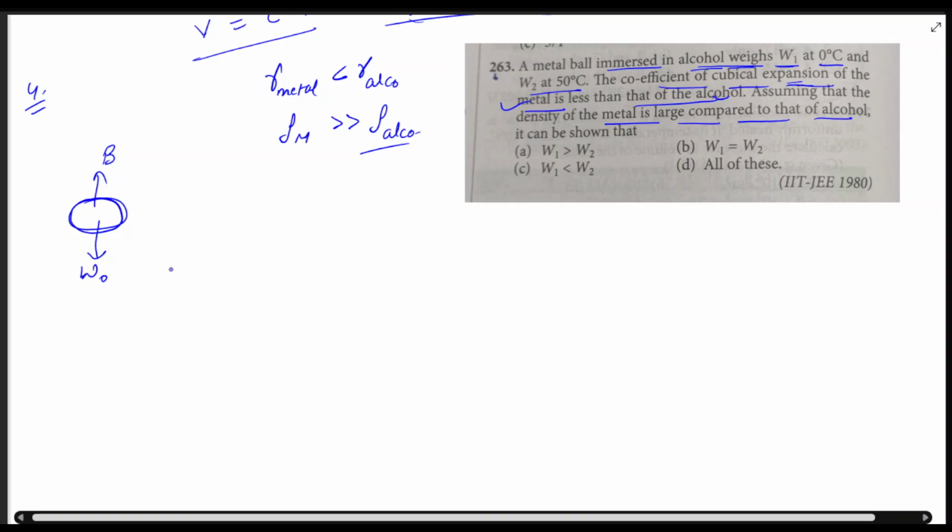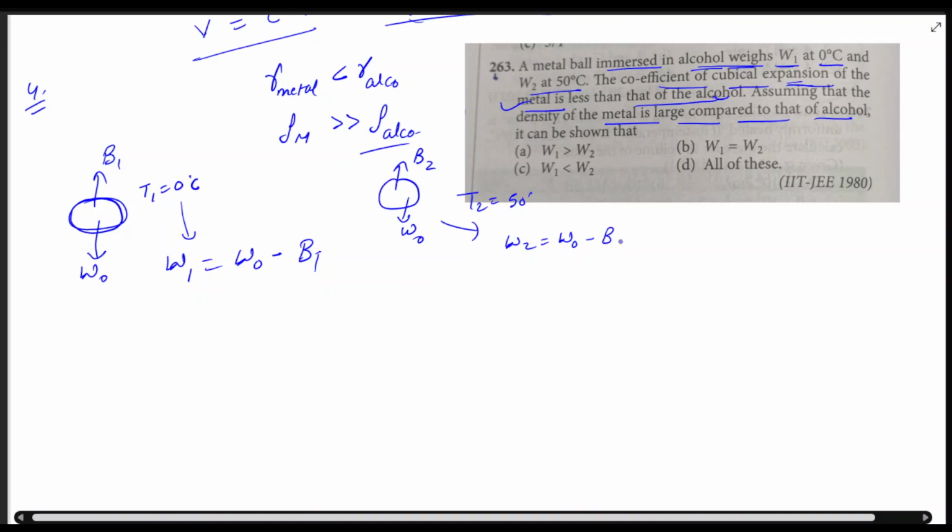So the weight will be W naught minus the buoyant force. The initial temperature is 0 degrees Celsius, and finally the buoyant force will be different. Let's say it's B1 and B2. So at 0 degrees Celsius, the weight will be W naught minus B1, and at the second temperature, 50 degrees Celsius, we have W2 as W naught minus B2.